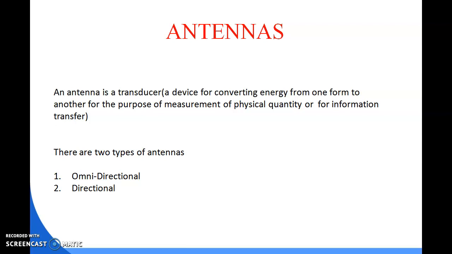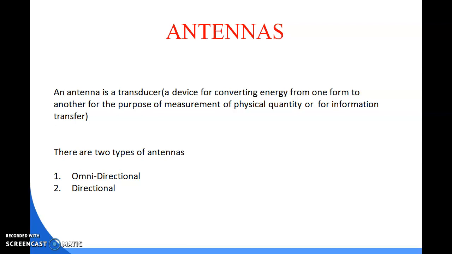Antennas are also known as aerials, right? They are designed to transmit or receive radio waves. Antennas are used in systems such as radio and television broadcasting, point-to-point radio communication, wireless LAN, radar, and space exploration.